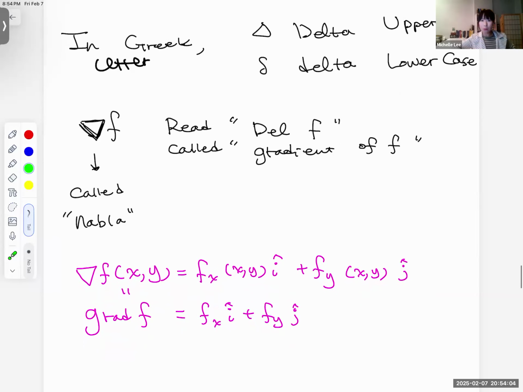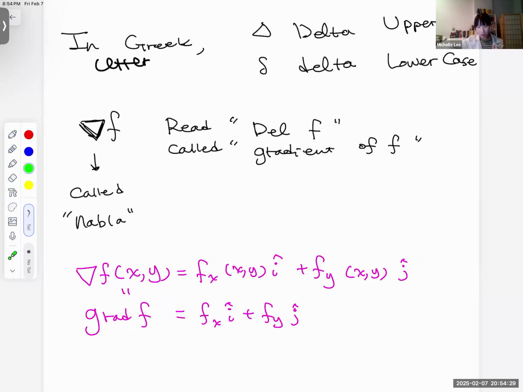Okay, so we have the formula, partial derivative, right? The definition is the partial derivative of a vector valued function. So it's easy to remember the gradient, right? Because we just follow the definition as the formula.